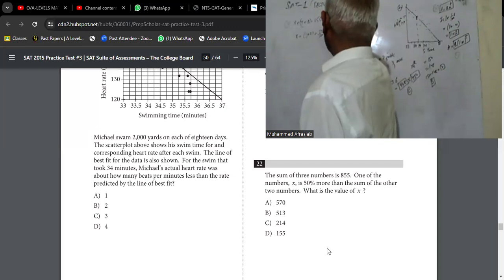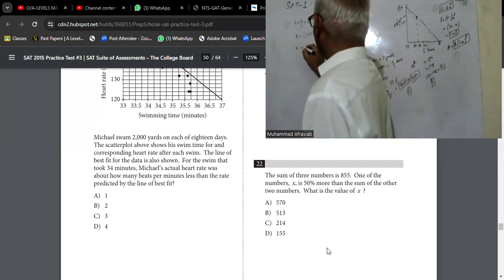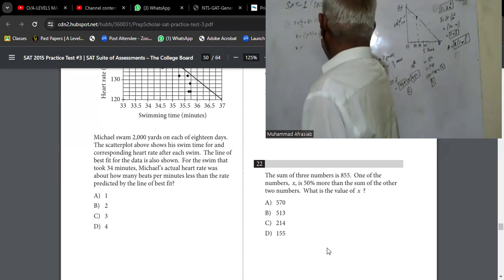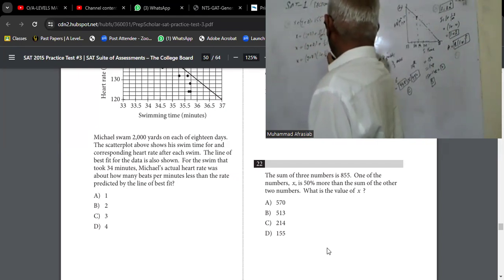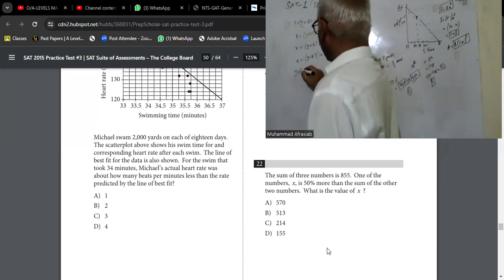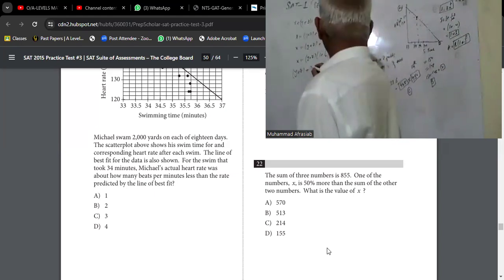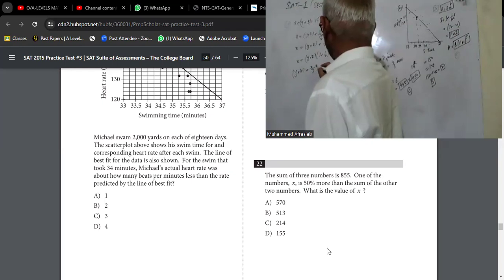So x is equal to y plus z plus 1 over 2 of y plus z. If y plus z is common, it should be 1 plus 1 over 2, that is equal to 3 over 2 times y plus z. Then y plus z is equal to 2 by 3 of x.